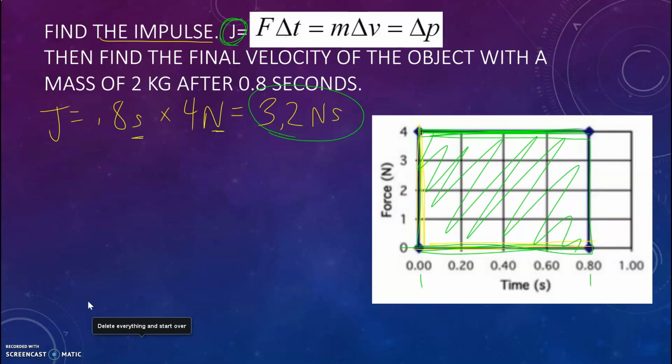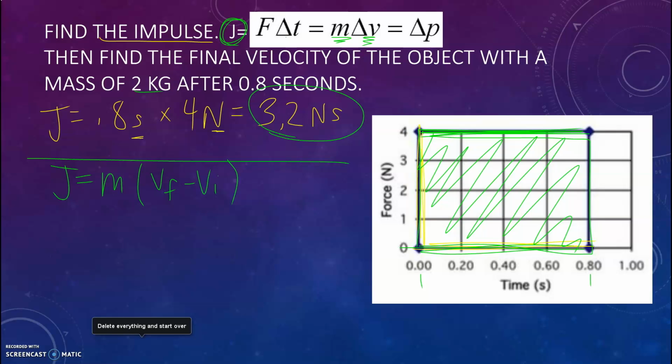So that's our impulse, not joules. We now know the amount of impulse that's acting on the object. And next we can find the final velocity of the object. So we know the impulse, we know that the mass is 2 kilograms, and we need to know the change in velocity. So the equation we're going to use is impulse equals mass times the change in velocity, which is really final minus initial velocity.